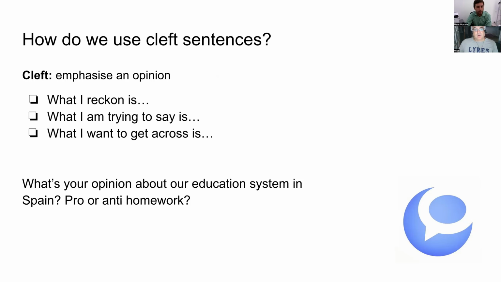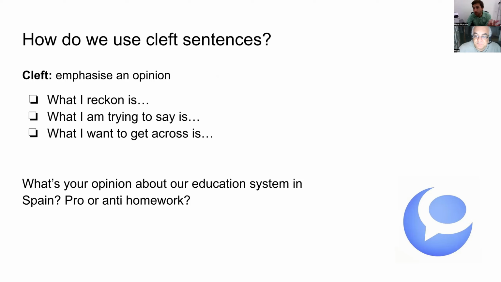So, again, what's your opinion about our education system in Spain? What I reckon about the education system is that the government has to put more resources, to improve the funding.